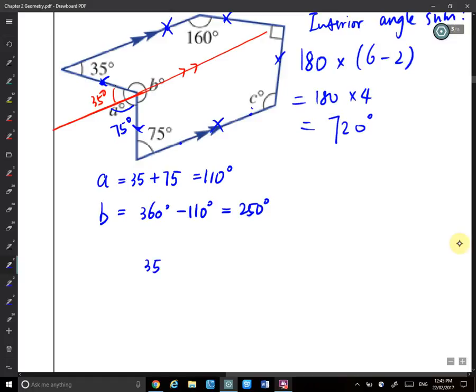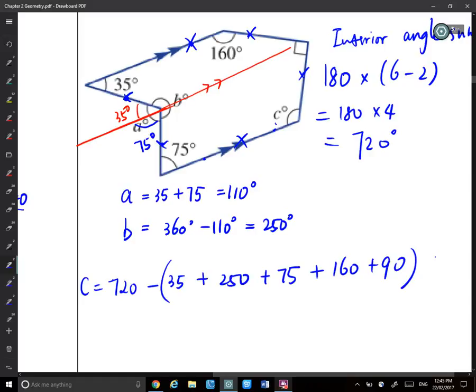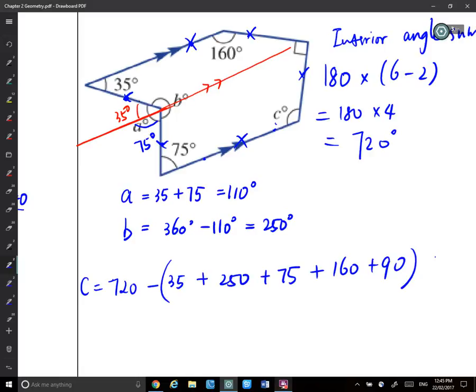So 35 plus 250 plus 75 plus 160 plus 90 plus C equals 720. So C equals 720 subtract all these sums: 35, 250, which is B, 75, 160, and 90.